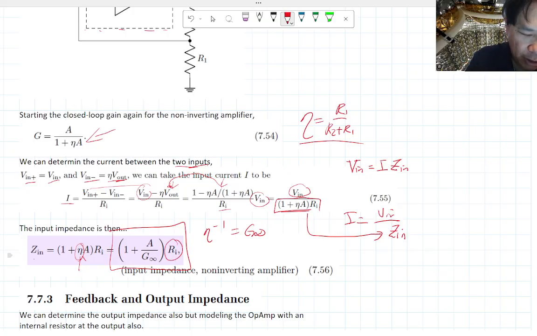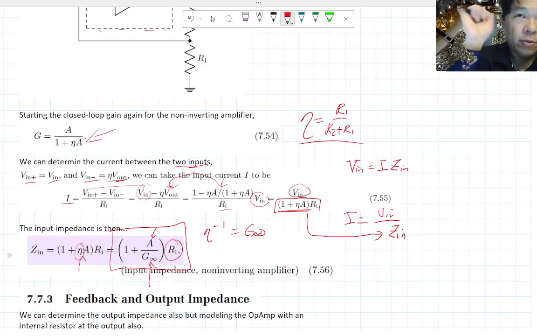The input impedance, so A is a large number, G infinity is a moderate number. A lot of times A will be 10 to the 5, G will be 10 or 100. So whatever the input impedance of the operational amplifier is, it amplifies this Rin, an internal resistor inside the operational amplifier, by this ratio of A over G infinity.